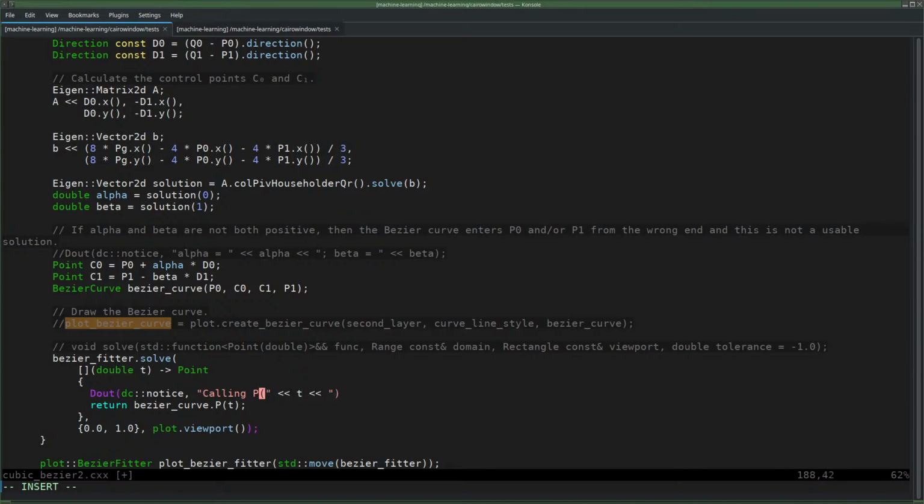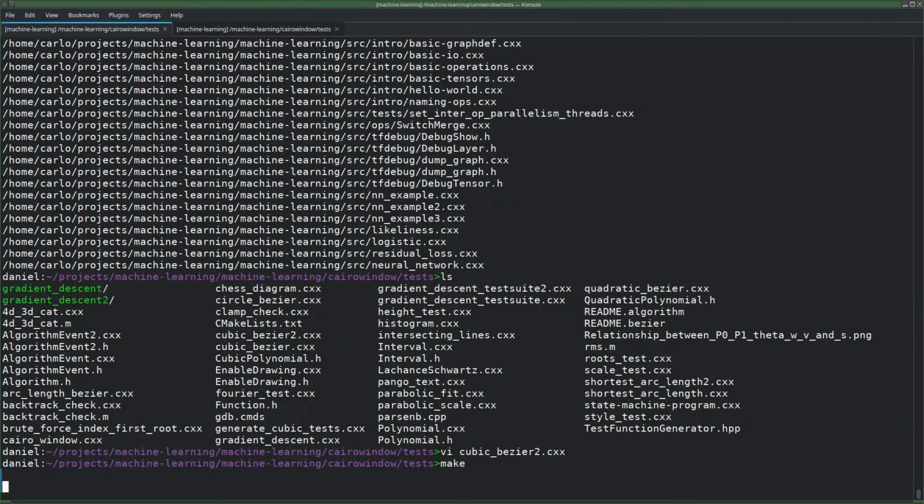So I can see for which t values this is being called. Big step if it compiles.